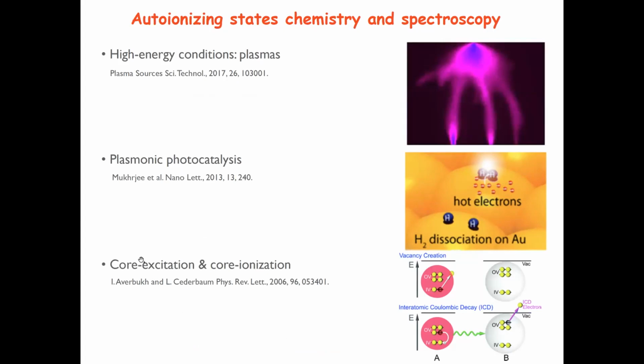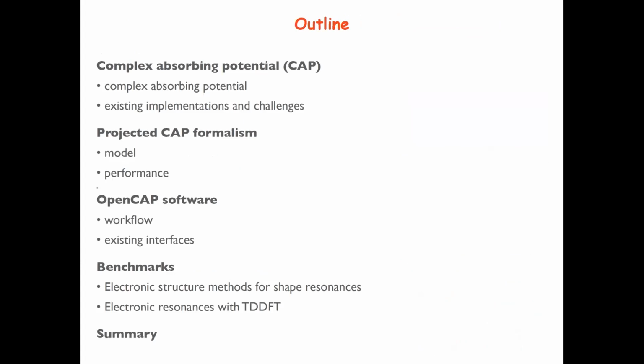Core excited and core ionized states are examples of metastable states. They can decay through Auger relaxation or related mechanism. And once again, if we are to describe spectroscopy related to these electronic states or chemistry that proceeds through formation of these metastable electronic states, one has to have additional information, not just on the energy of the states, but also on their lifetime.